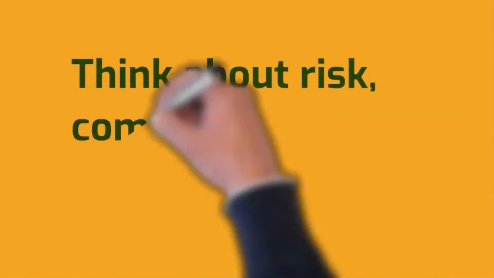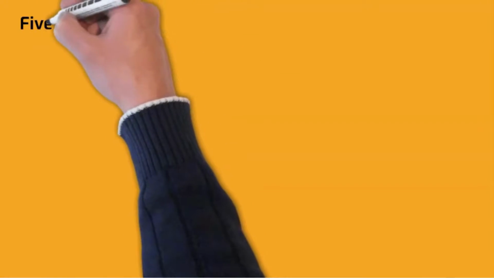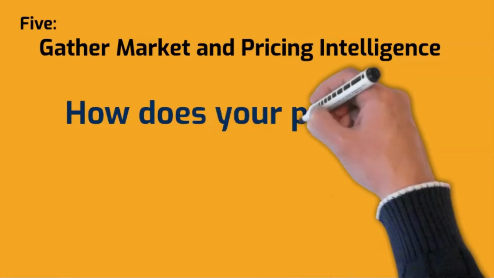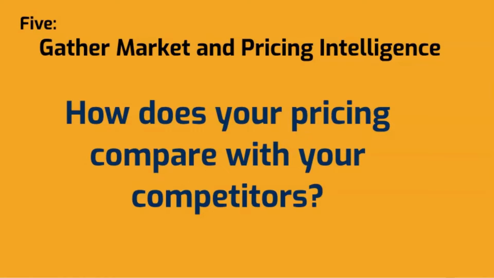So my recommendation when thinking about how much profit to include in your bid is to think hard about the risks inherent in the job. And the other important factors that influence profit are competition and market demand. And that brings us to the fifth point, which is to do some research to get an idea of what government buyers expect to pay and what prices your competitors are likely to bid.